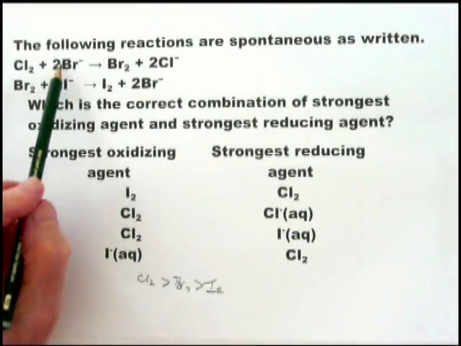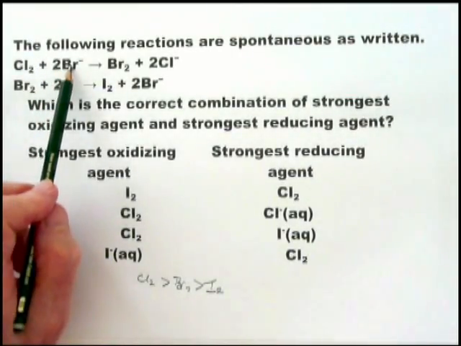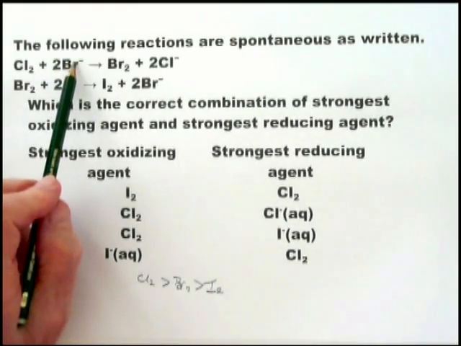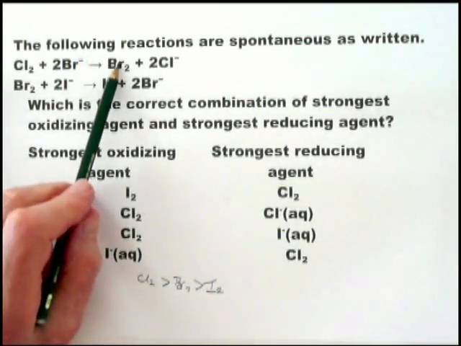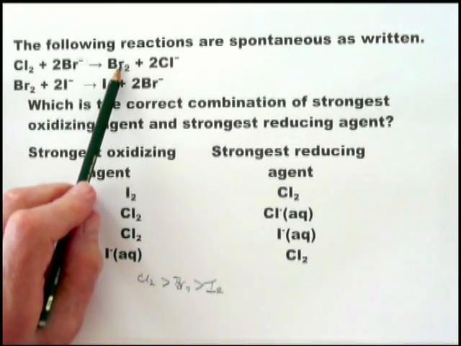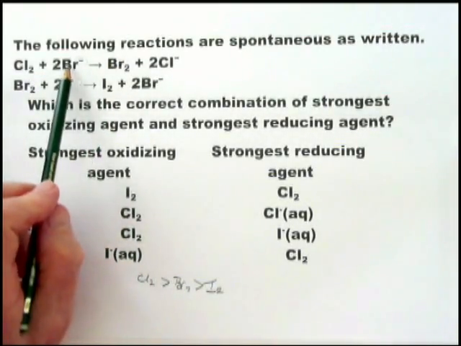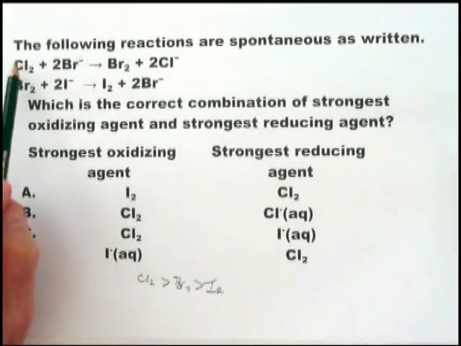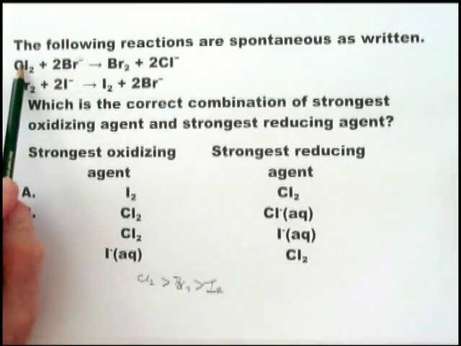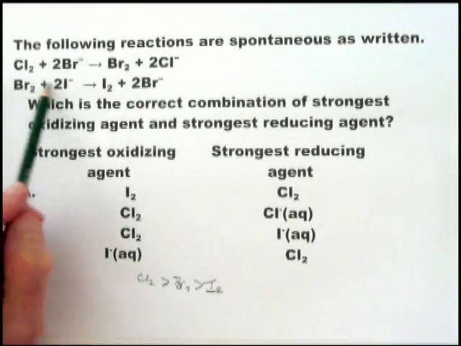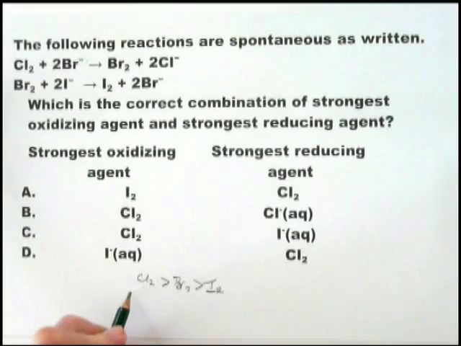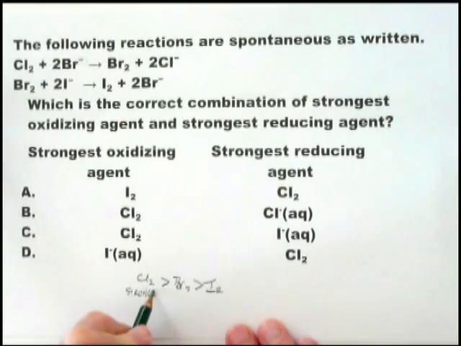Well, the Br minus loses electrons and goes to Br2. In other words, the Br minus is oxidized. So chlorine is an oxidizing agent. From this and this, we can see that chlorine is the strongest oxidizing agent.